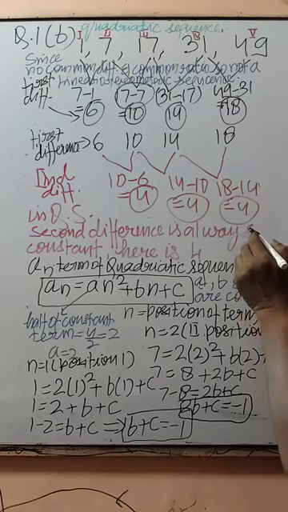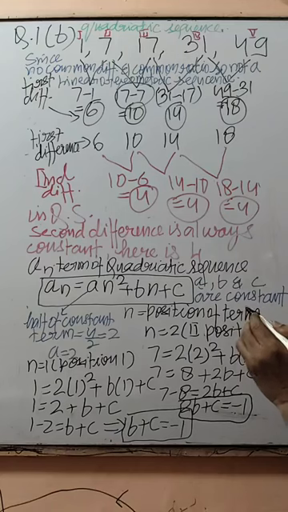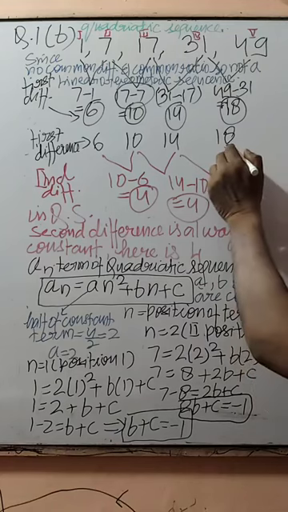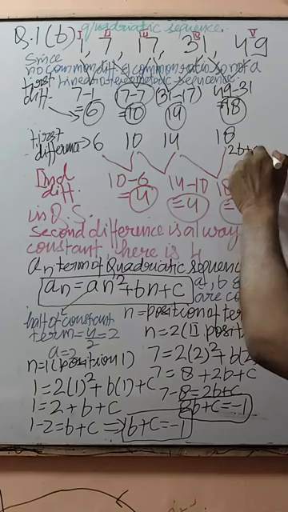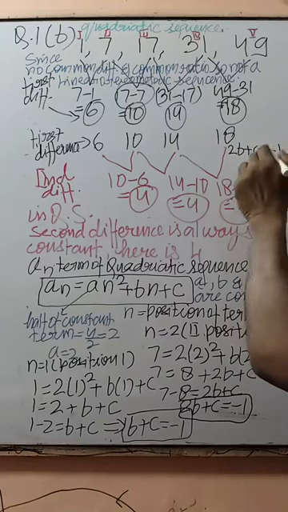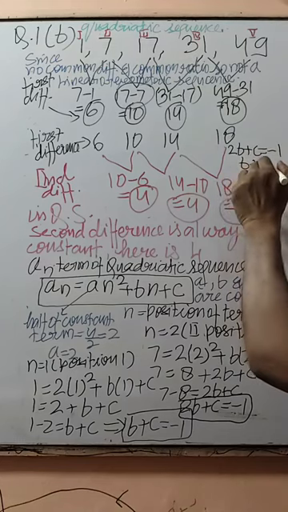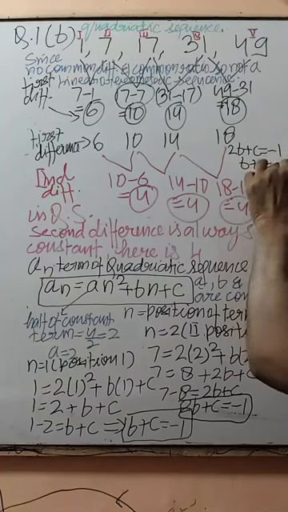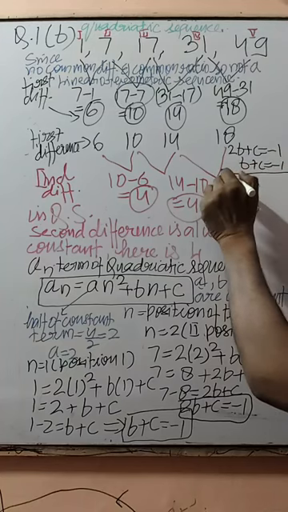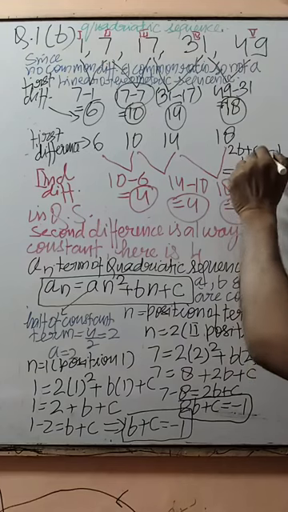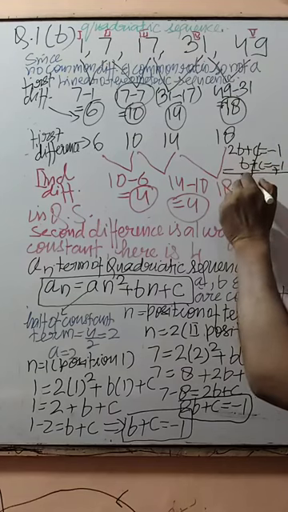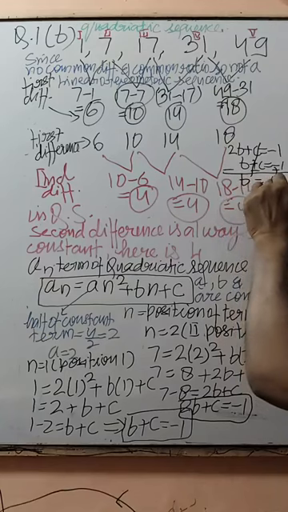If we solve here, if I write 2B plus C is equal to minus 1 and B plus C is equal to minus 1, on subtracting, minus, minus, plus, this is cancelled out. This is B is equal to 0.